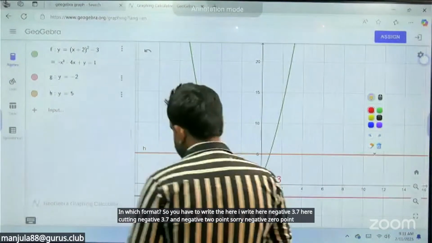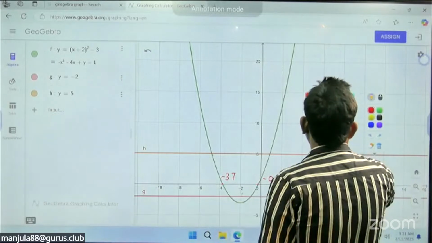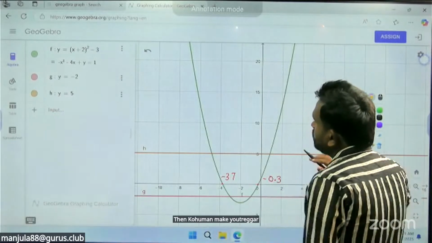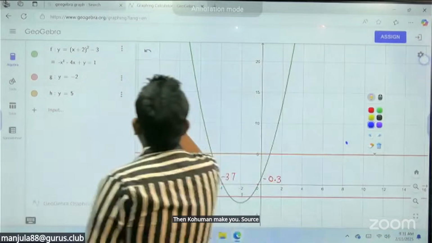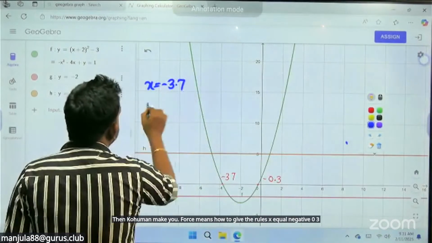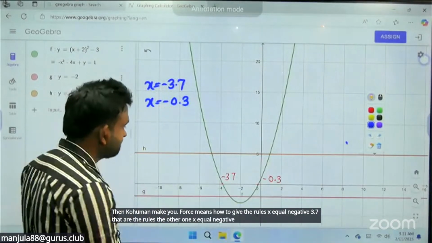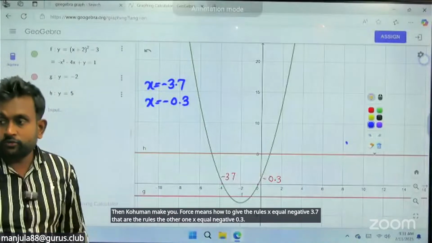How to give the roots? x equals -3.7, that is a root. The other one, x equals -0.3. So these are the roots.